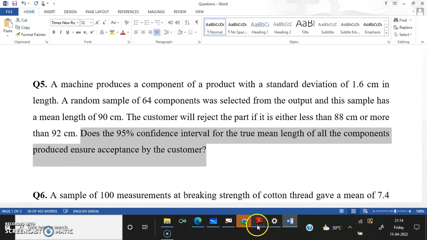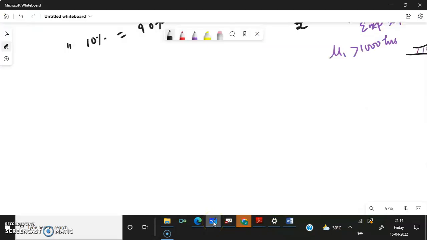So we'll try to solve this sum. What are the data given? We'll write it down. In question 1, what is sigma given? Sigma is 1.6, right? And Z alpha by 2, it is 95%. No need to see the table again.